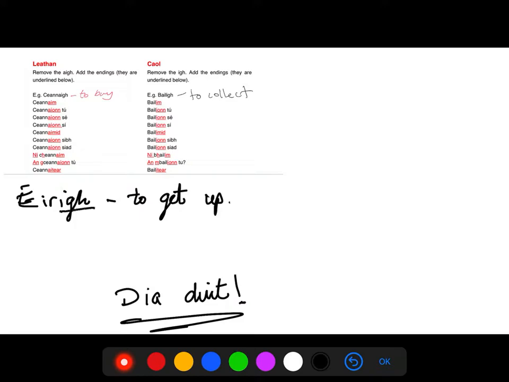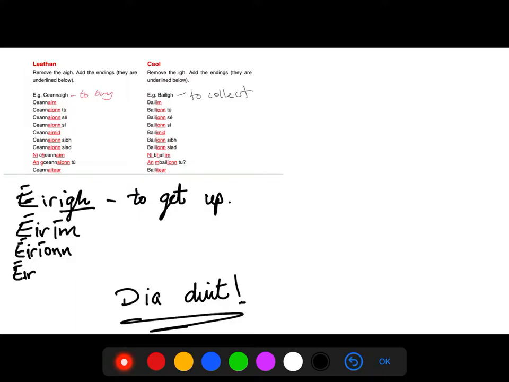So we need to write in the first person Éirím, just like that. I get up. I imagine I get up in the morning. Okay, so then we have Éiríonn sé, sí, and then Éirímid. Okay, so there we go. There we have our slender ones, and they're also quite straightforward to use in the present tense.